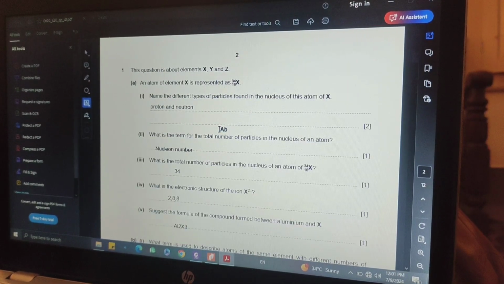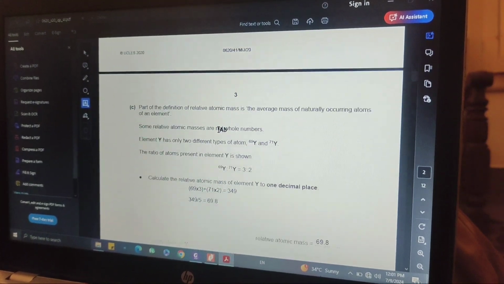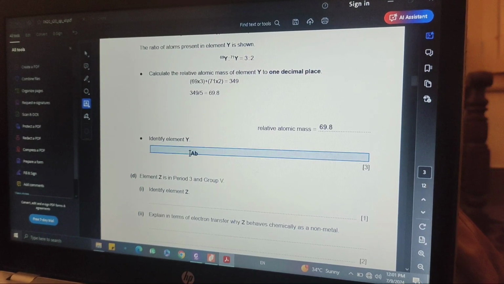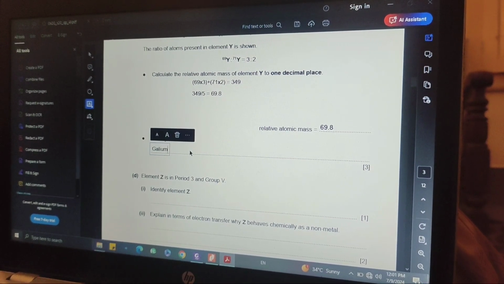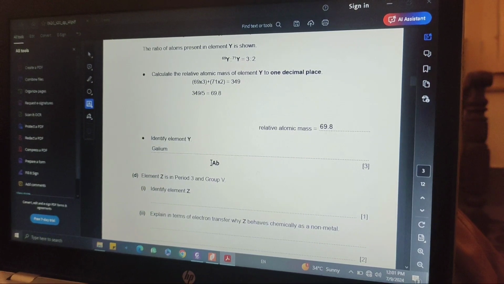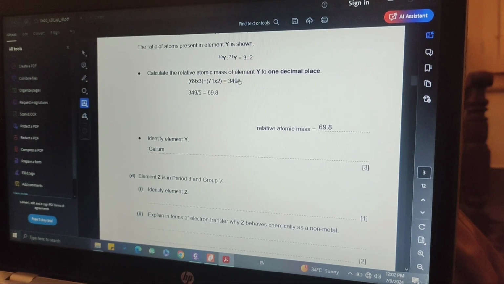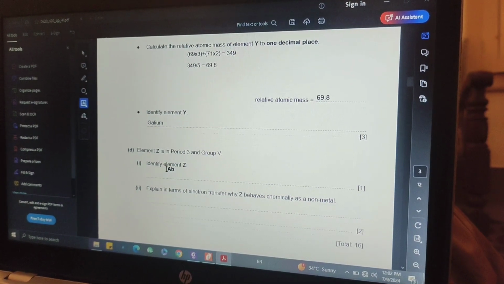So our element that we have here is gallium, G-A-L-I-U-M. Okay, so 1 mark is for the first step, the first step's calculation. Second mark is for providing the relative atomic mass, and third mark is for providing the element.